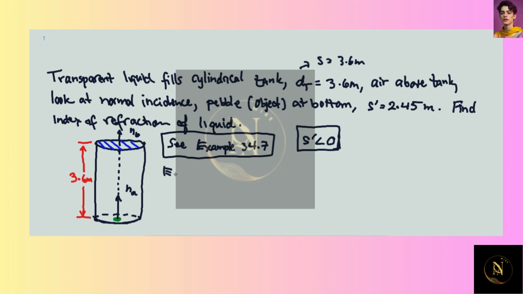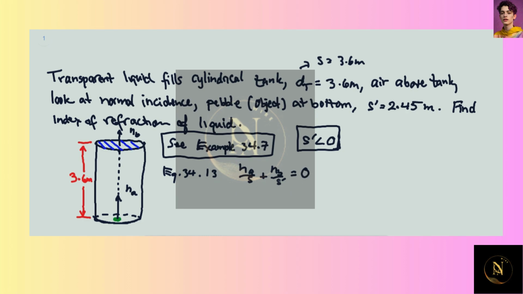We'll use equation 34.13, which tells us that NA over S plus NB over S prime is equal to 0.